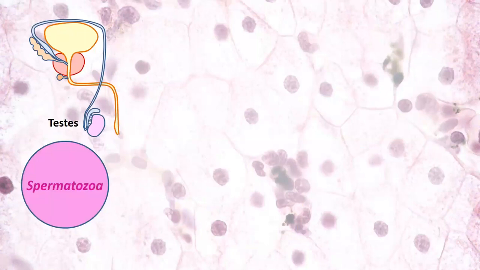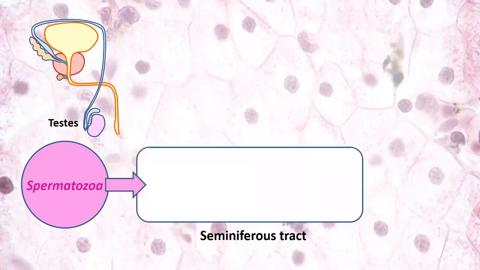After spermatogenesis, the process of formation of spermatozoa, the sperm go to the seminiferous tract, a special system of tubules which carry spermatozoa from the testes to the outer environment, which is needed for fertilization.